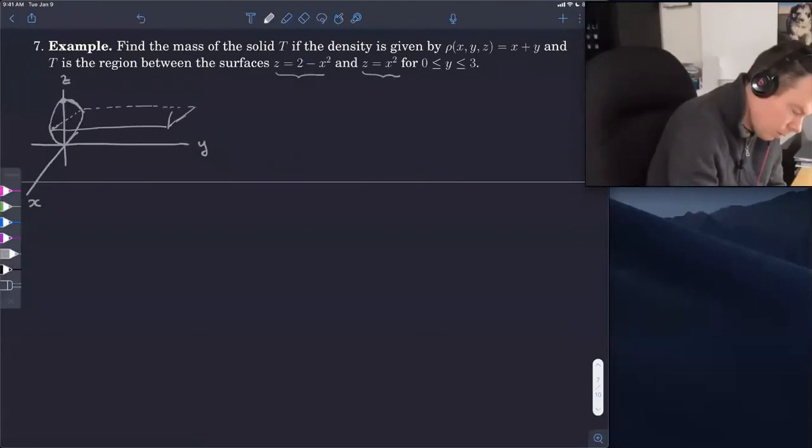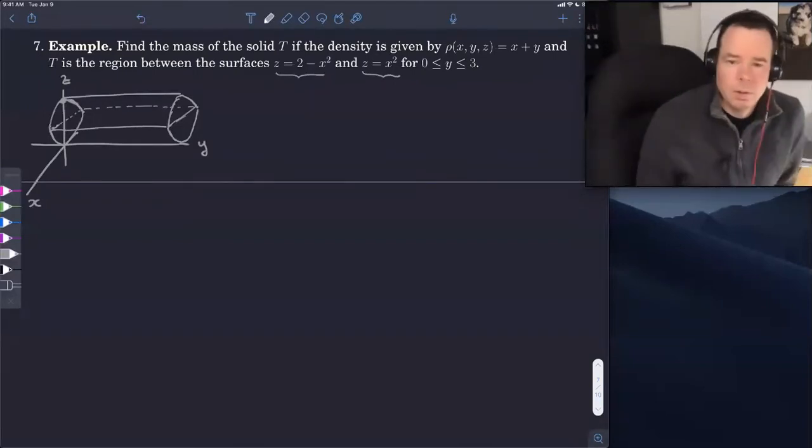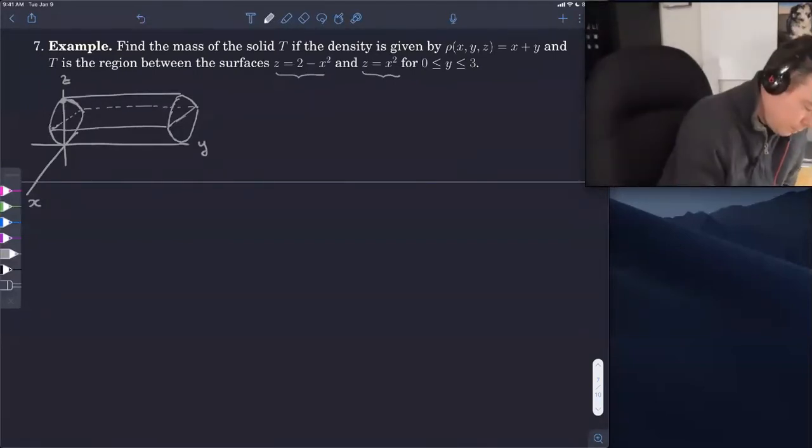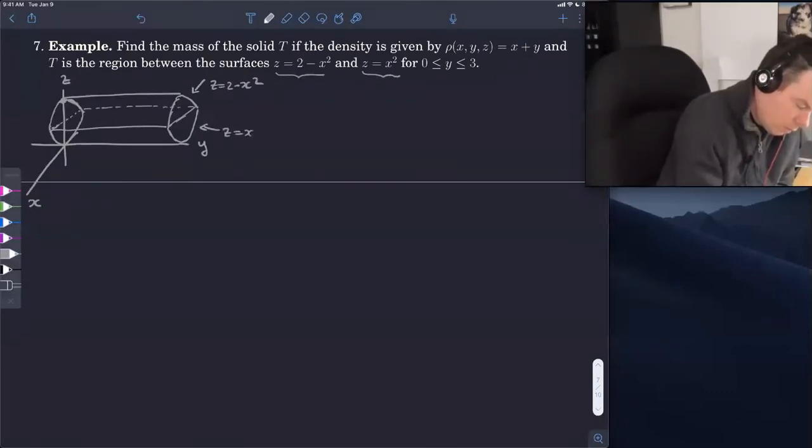So we still have this upside down parabola and this right side up parabola. And so there's our region that we're interested in. So this is our solid. This top one is z equals 2 minus x squared, and this bottom one is z equals x squared.